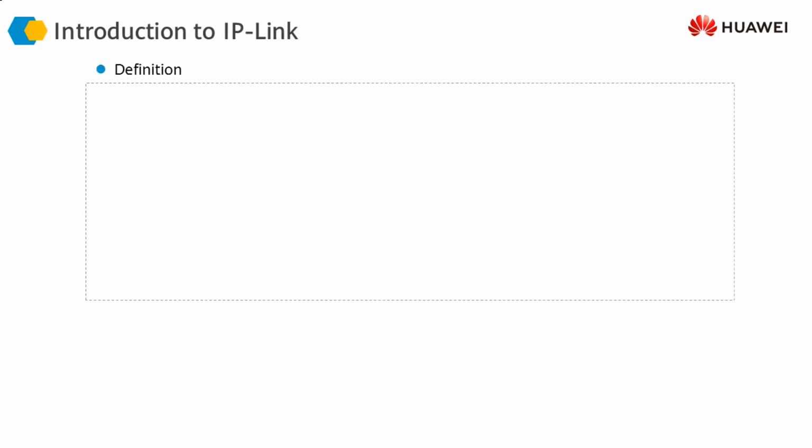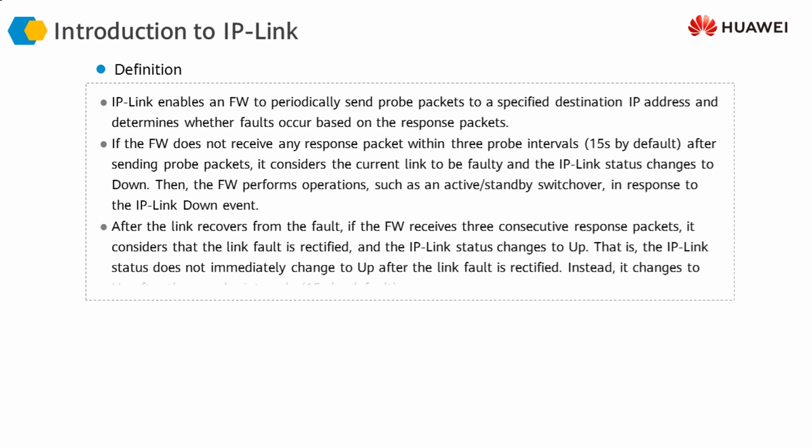The IP link feature enables us to detect the connectivity of a firewall with certain link or with certain IP address, and what the firewall does is that it periodically sends probe packets to a specific destination IP address, and if the response packets are received, the firewall knows that that destination IP address is reachable and the connection is there.